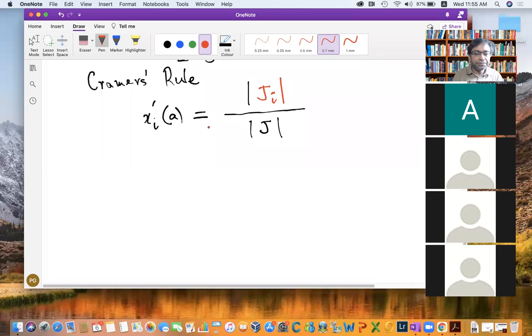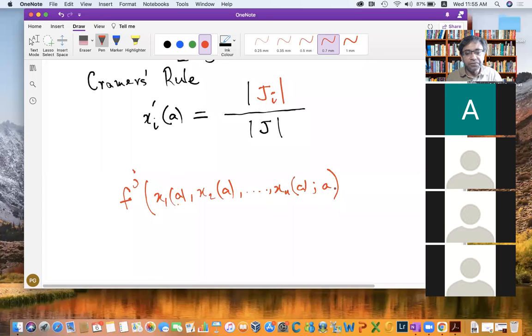Equation J, or rather identity J, is of the form: x1 as a function of A, x2 as a function of A, through xn as a function of A, and the function itself is also a function of A. So now just take derivatives, it's straightforward differentiation.